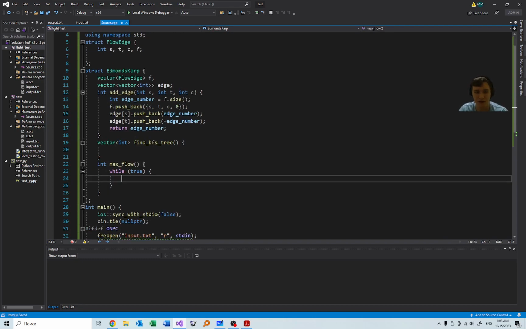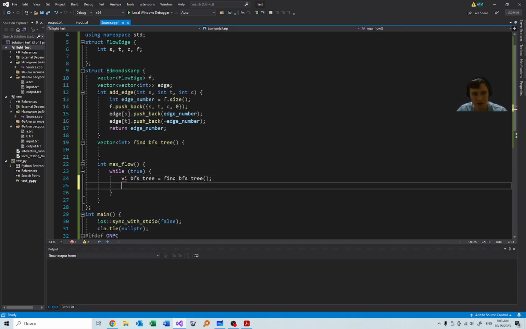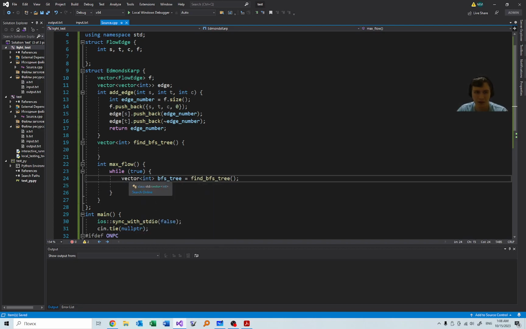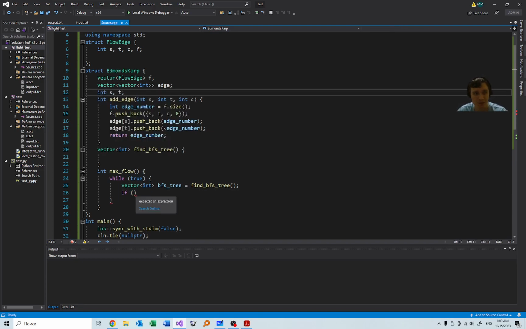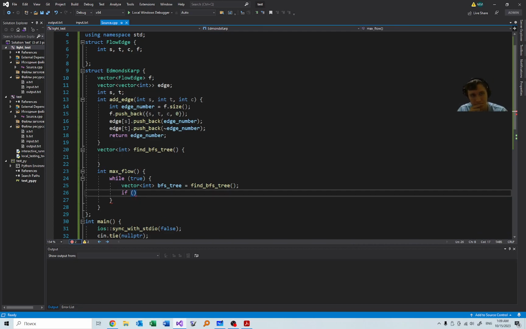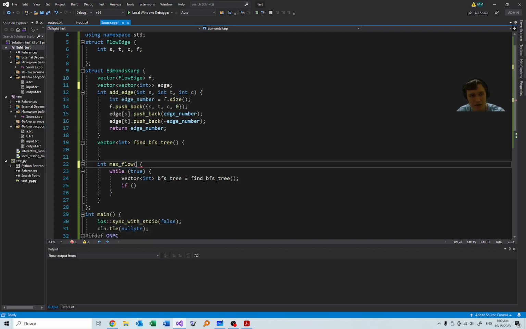What after that? So we say that vi BFS tree equals find BFS tree. I think we can actually pass S and T here. I believe so.